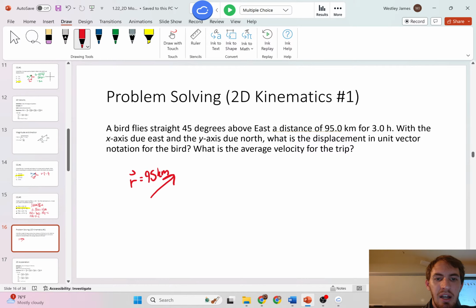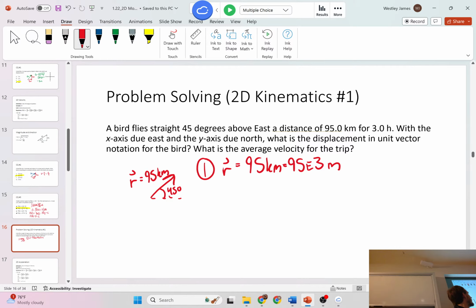Multiplying it by 1,000 to convert it to meters. We have an angle. We can put that here. Honestly, putting it as a given isn't super useful, but in the picture, you have to know where that angle is for it to be meaningful. And the time is 3 hours. To convert that to seconds, it's 3 times 60 times 60, which ends up being 3 times 3,600.